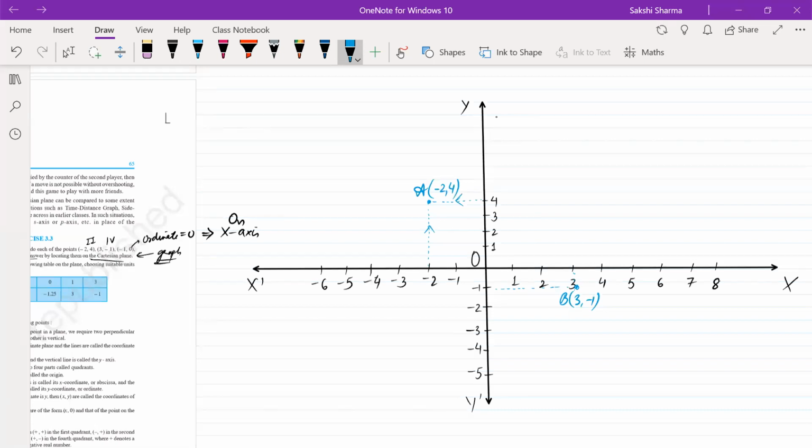The next one is -1, 0. This is point C. The coordinates are -1, 0. Then we have point D with coordinates 1, 2. Then we have -3, -5.